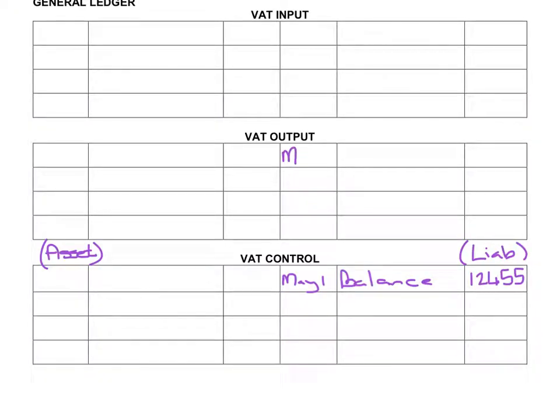Therefore, we will indicate in the VAT output account at the end of the month that the bank account was debited and VAT output credited with 11,200. When we sell goods, the goods go out of the business and the money will be paid out of the business to SARS. Therefore, VAT output is a liability.